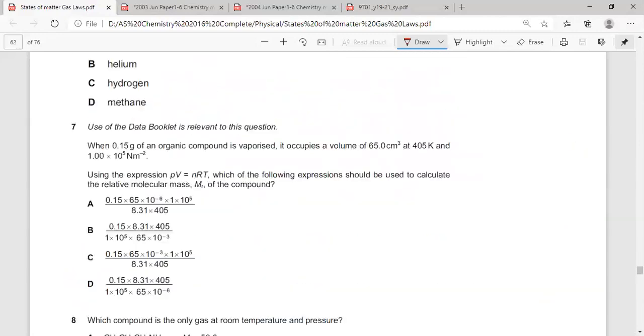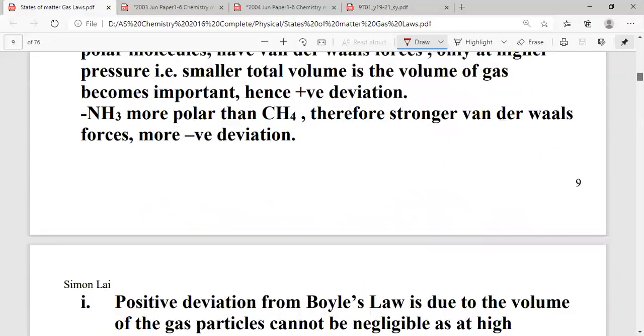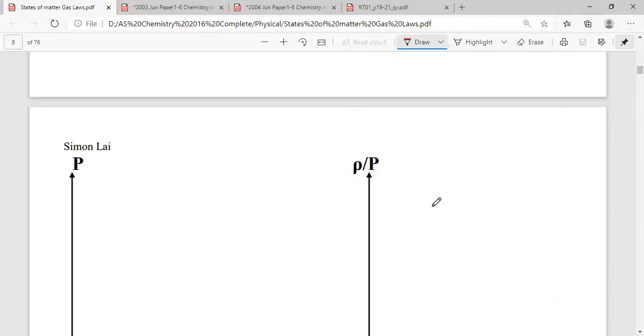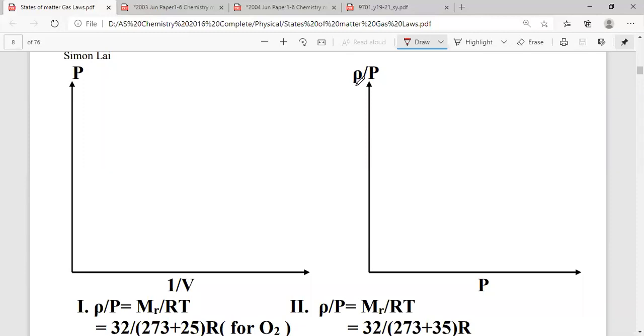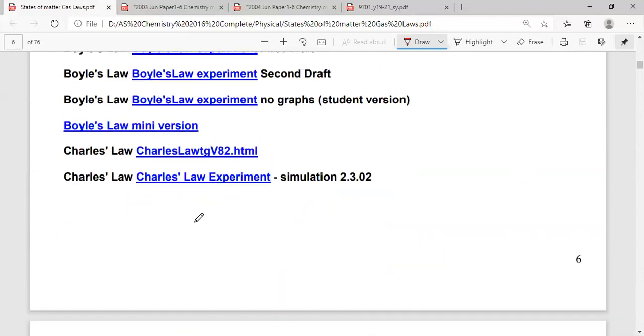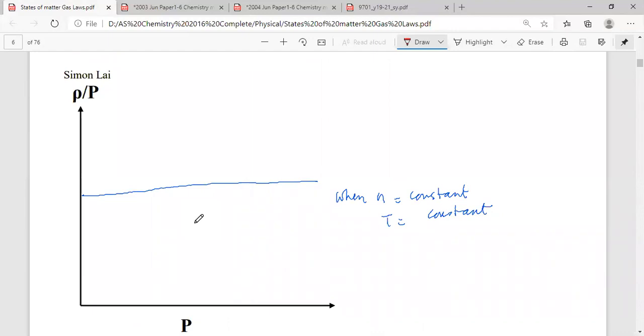Here rho is density, and I've done rho against V already. 1 over V is a straight line. Let's do this one first now: 1 over rho against P.